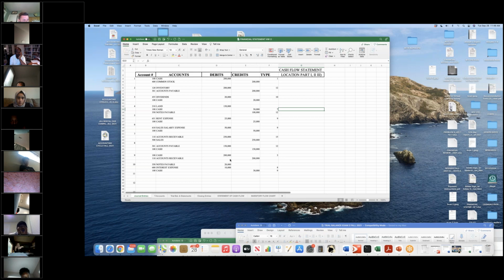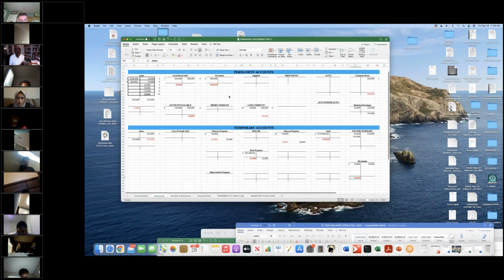So can you go to the trial balance and statements? Of course. So we know that we would do what? Put all these in the T accounts. If it's a debit in the journal entry, it's a debit. And if it's a credit, it's a credit.